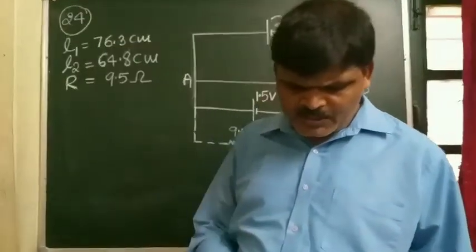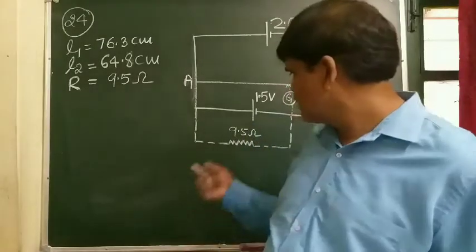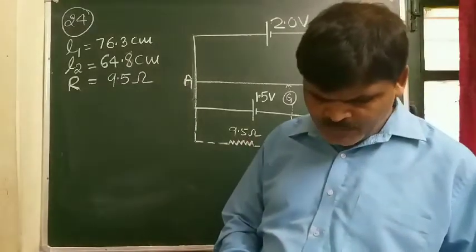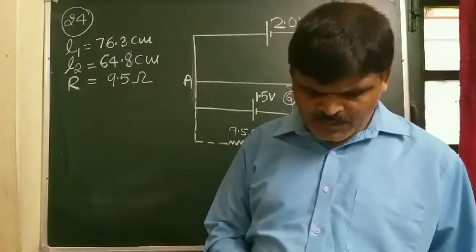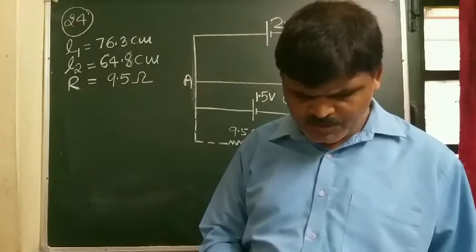Now when a resistor of 9.5 ohm is used in the external circuit of the cell, the balance point shifts to 64.8 centimeter length of the potentiometer wire.